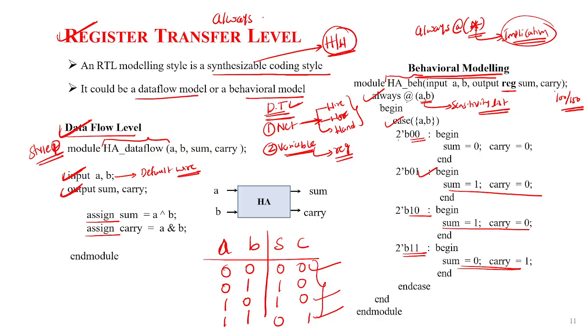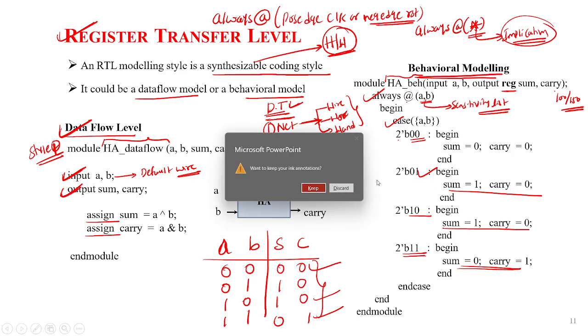If you are writing for a flop, with an asynchronous active low reset, then always at the posedge of clock or negedge of reset, you need to write negedge of reset. So a latch also will not be generated here. We are just writing a program for a simple half adder, which is a combinational circuit.